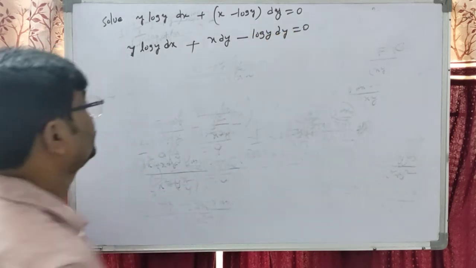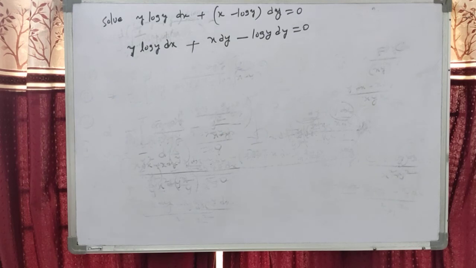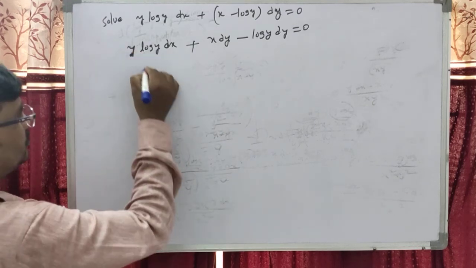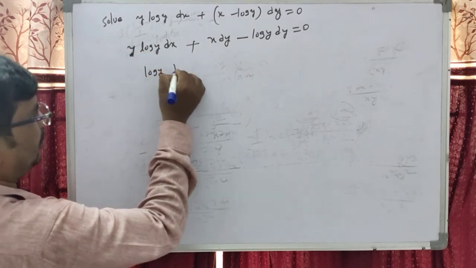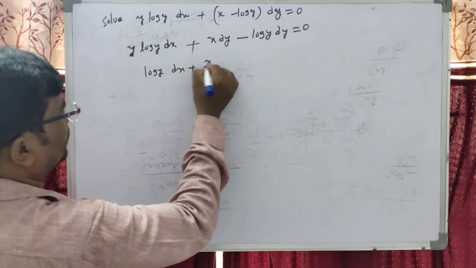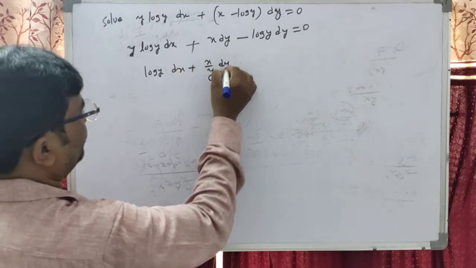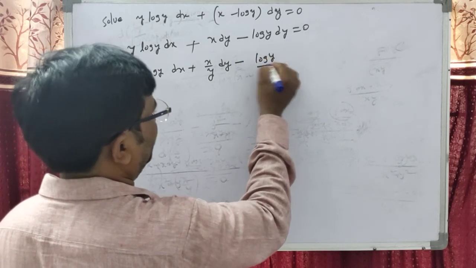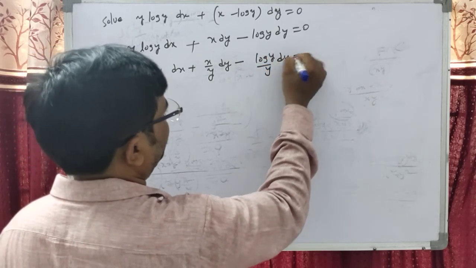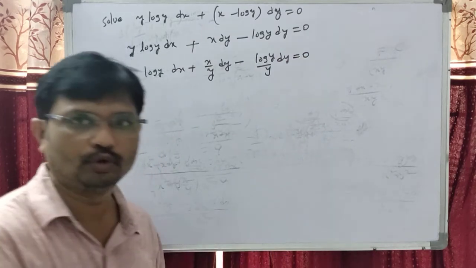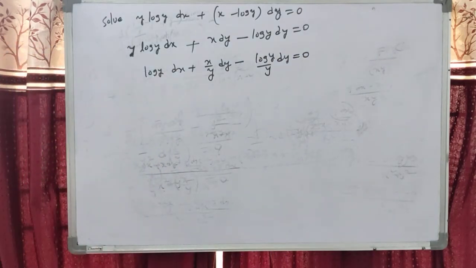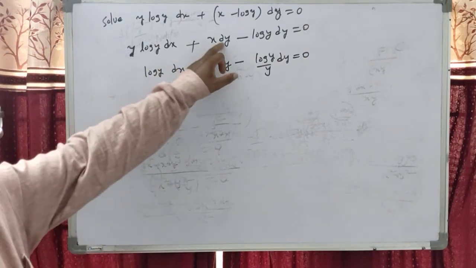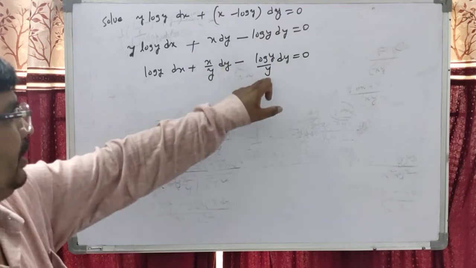Dear students, when you divide by y on both sides: log y dx, x by y dy, and log y by y dy. In this step, I have to do only the divide by y on both sides. y cancels, x by y dy, log y by y dy.